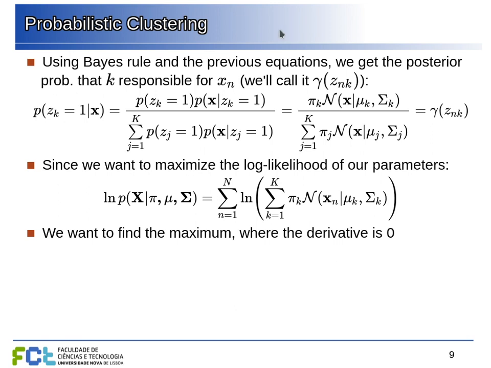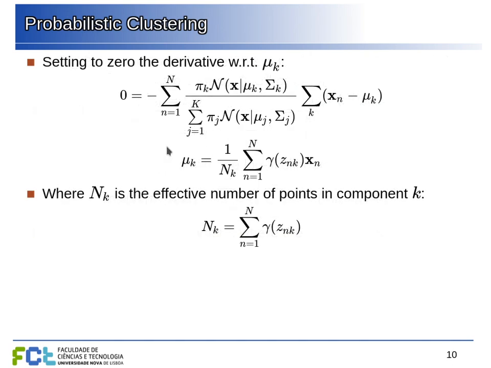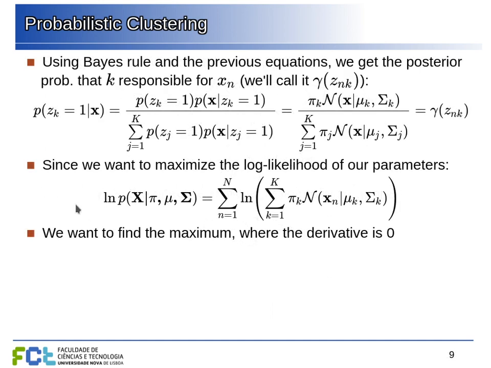So skipping some parts here where we compute the derivative, set it to 0 and so on, basically when we set the derivative to 0, we have these expressions for computing the mean point. So the mean point of each Gaussian distribution k will be the weighted average of the coordinates of the points, but each point weighted by the probability that the point came from that particular distribution.